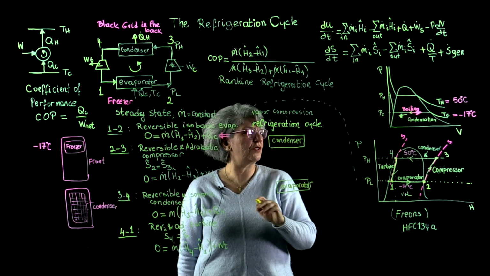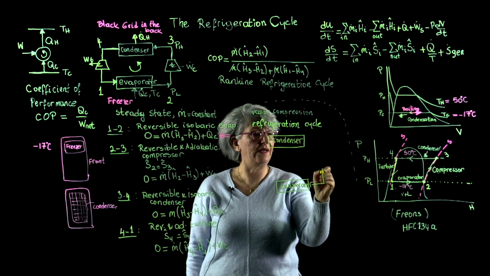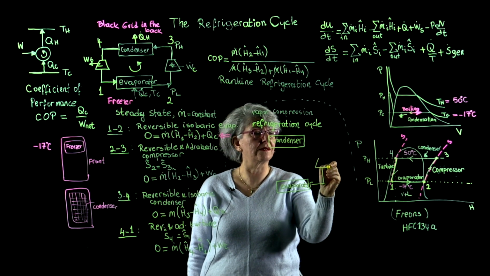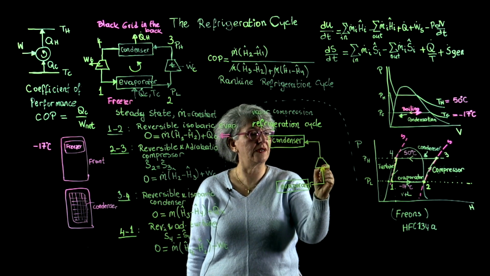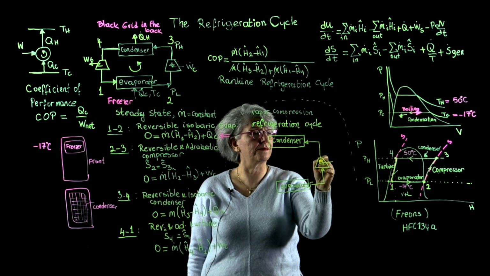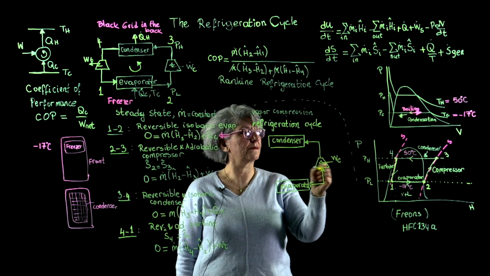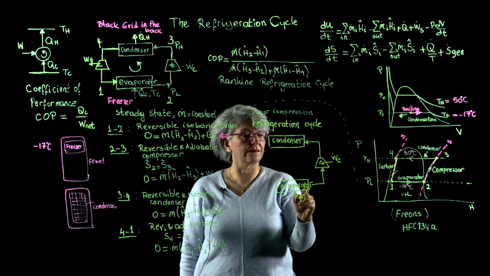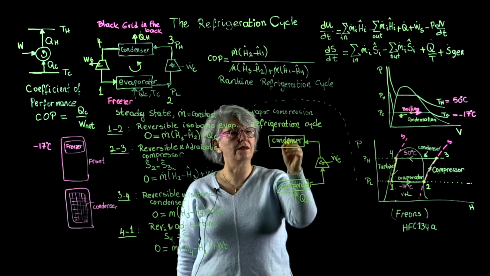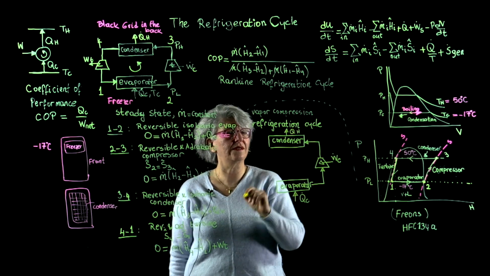In our flow chart, we need a compressor to compress our vapor. We absorb heat. We are going to discard heat.